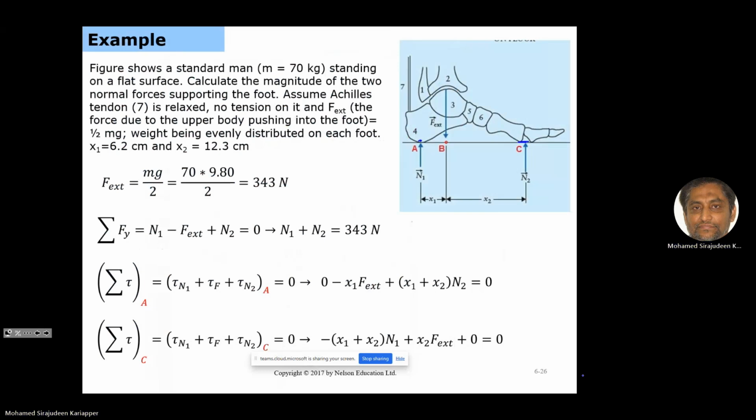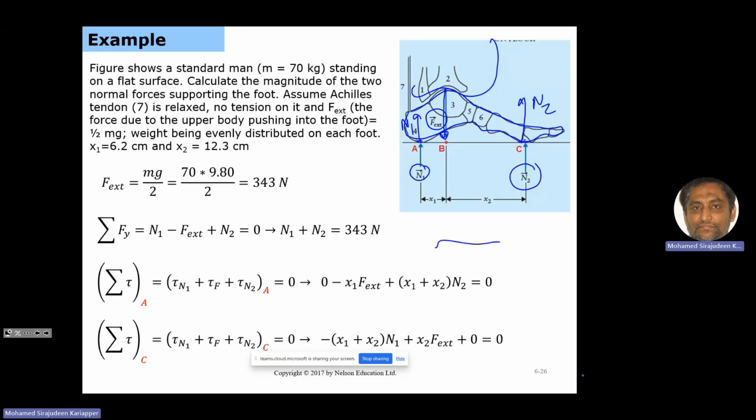So we are looking at this foot, and there is a force where he is touching the ground, that is N1 from the floor on him, and at this point there is another force N2 up, and above this, whatever the weight of the person will be on this place.